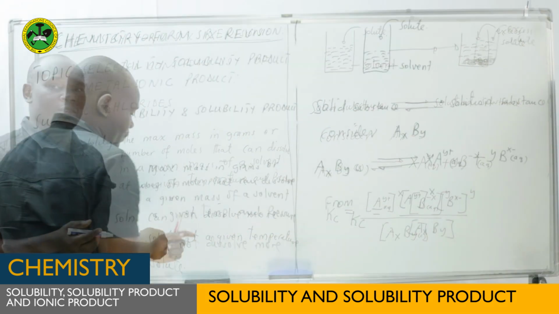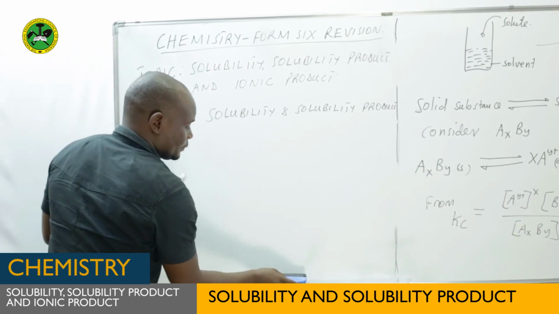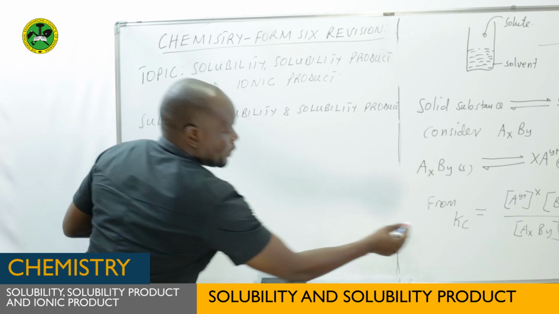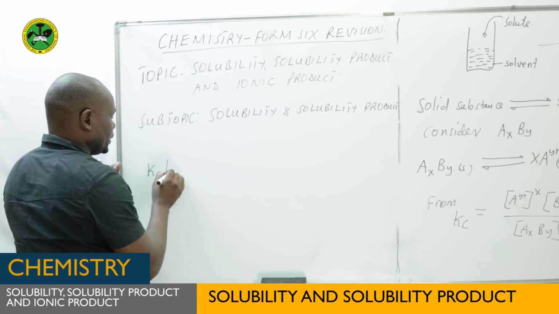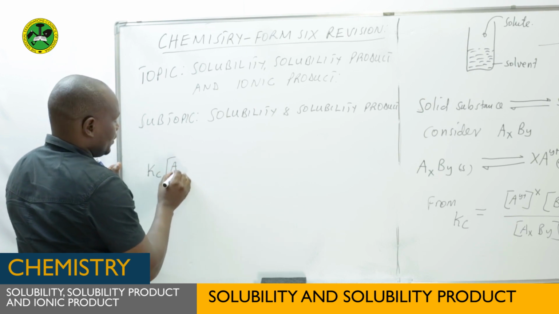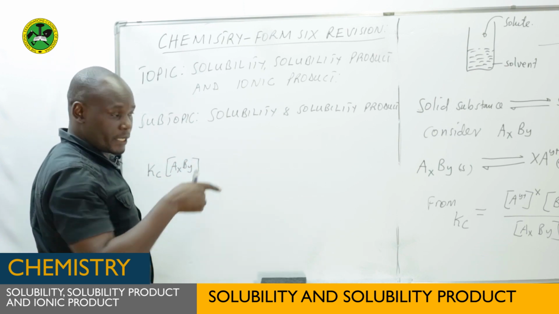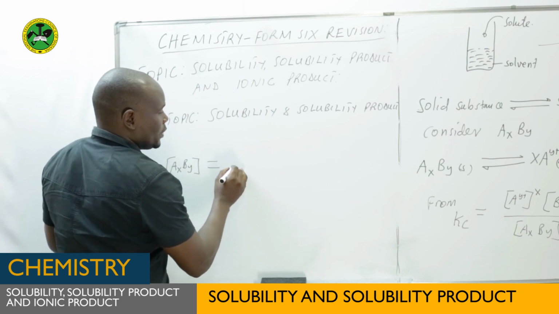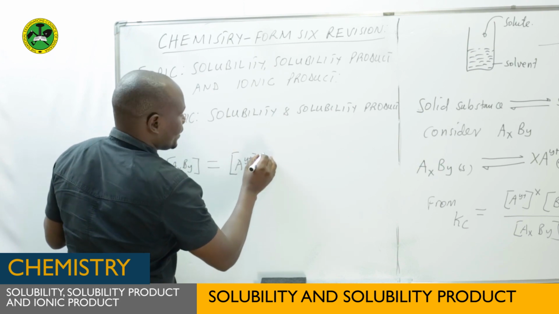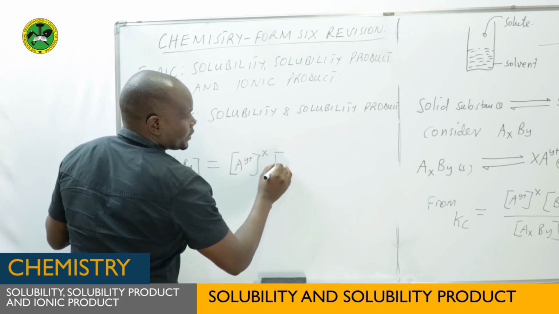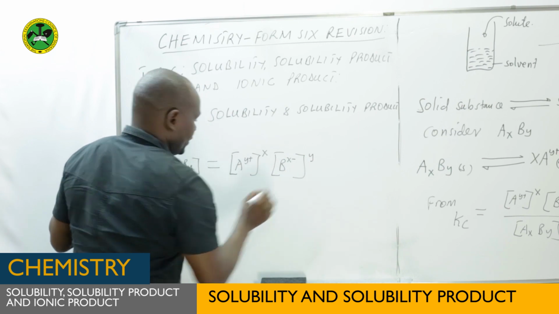From there, multiply by the concentration of the solid on both sides. Kc times the concentration of AxBy, our solid substance which undergoes dissolution, equals the concentration of A to the power y positive raised to the power x, times the concentration of B to the power x negative raised to the power y.